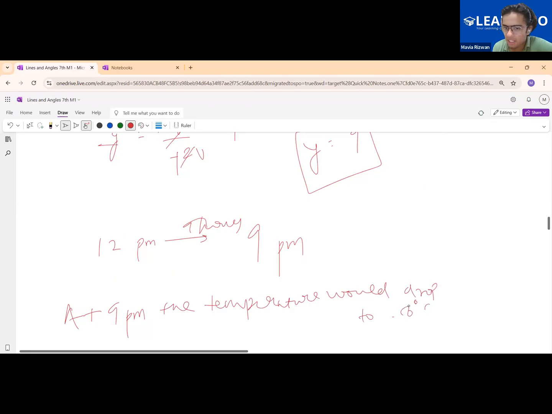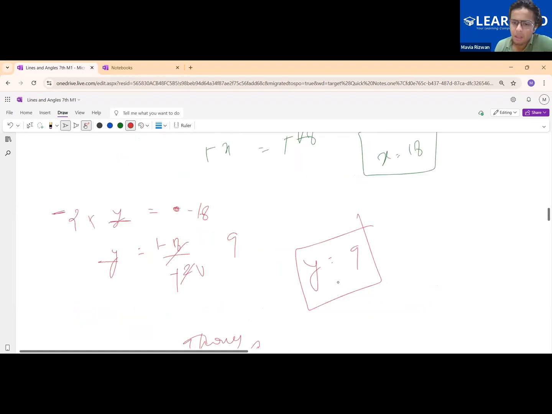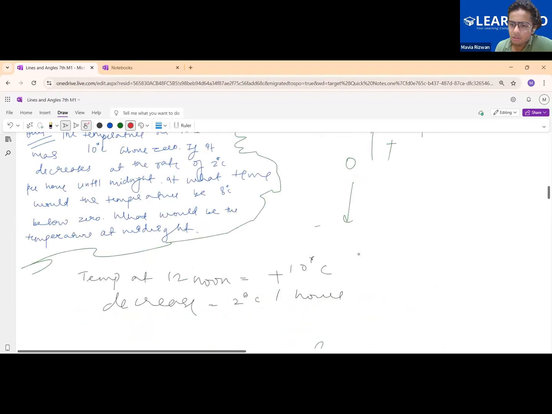Is this totally clear? Yes, sir. Others? Abdurrahman and Saman, clear? Yes, sir. Now they are saying what would be the temperature at midnight?